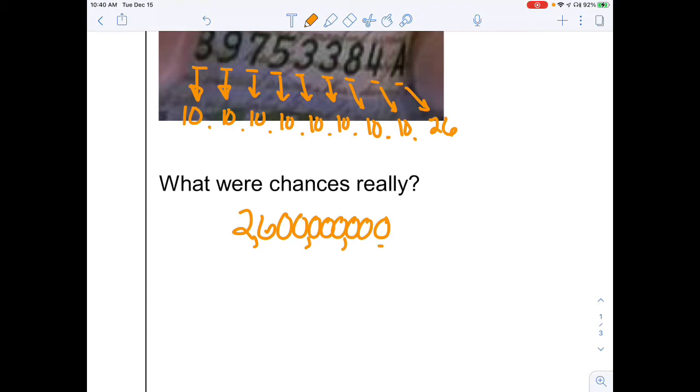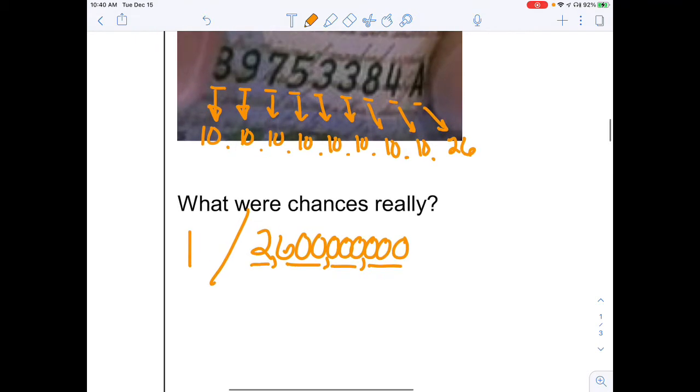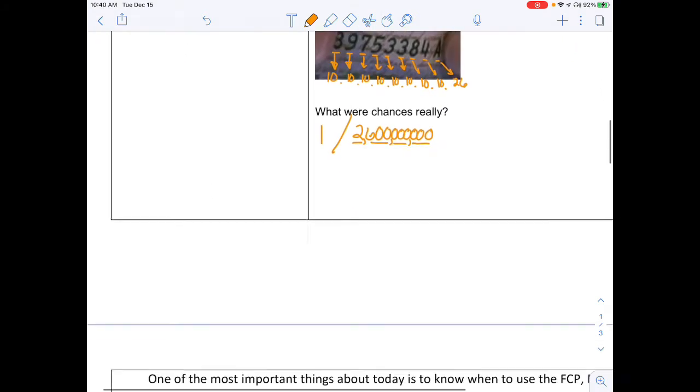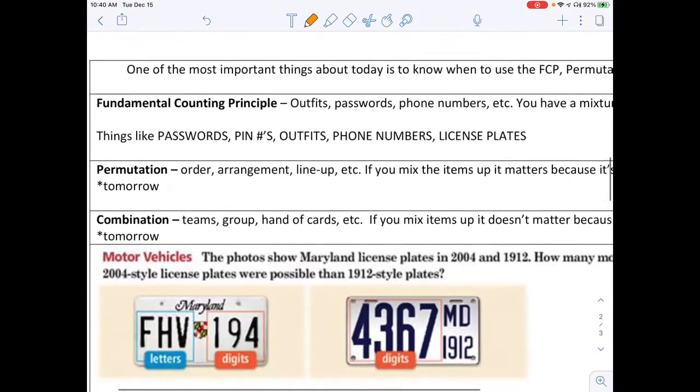This is hundreds, thousands, millions, so a 1 in 2,600,000,000 chance of getting it right. So she had one option out of that many possible options to guess the right ordering or the right serial number. And that is the fundamental counting principle.